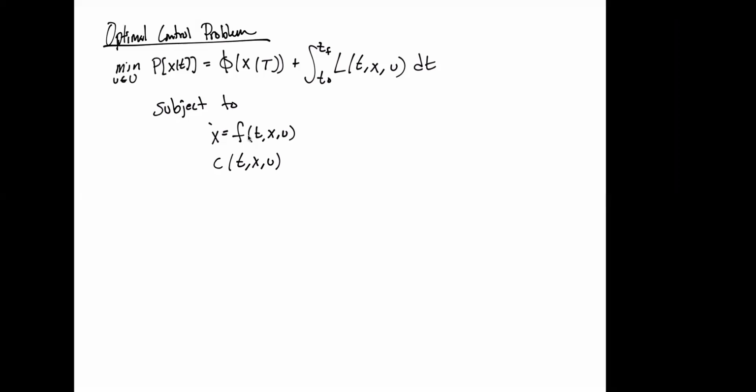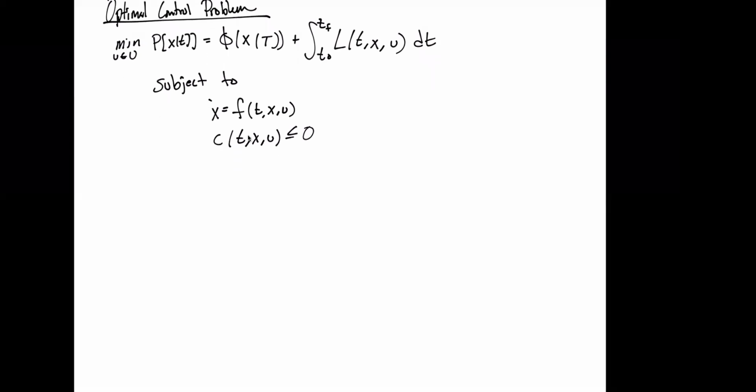We're going to call these C, with arguments t, x, and u. So you can have constraints on the time, constraints on the state, on the space, and constraints on the inputs. We're going to say that these constraints are less than 0. This is the typical way to write it. And then we can also have boundary conditions.